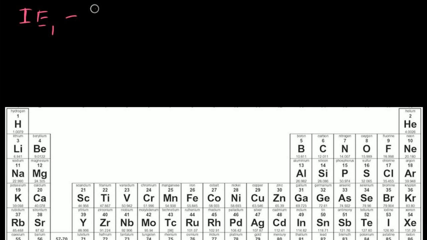To remove that first electron, our ionization energy is going to be 578 kilojoules per mole of whatever atom that we've got.